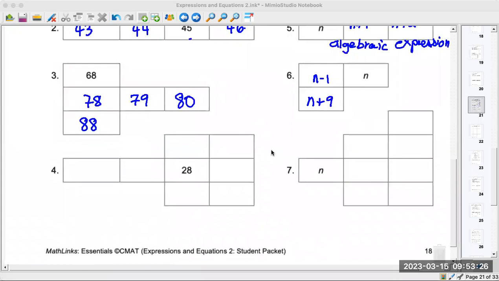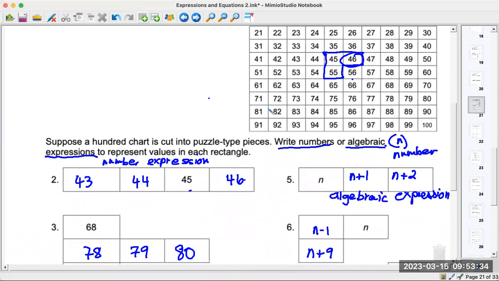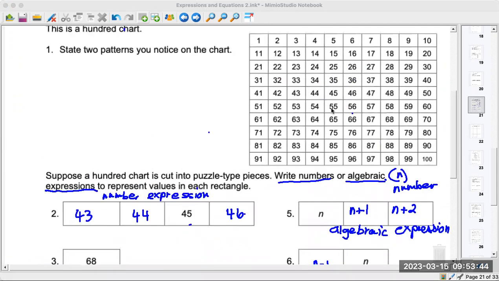Okay, so this one I want you to do for homework. Number 4, that's numbers. You can do that right now. Find the number 28. Again, I'm going to erase my old work. So it's numbers, so it's easier. That's why I'm giving you that one.